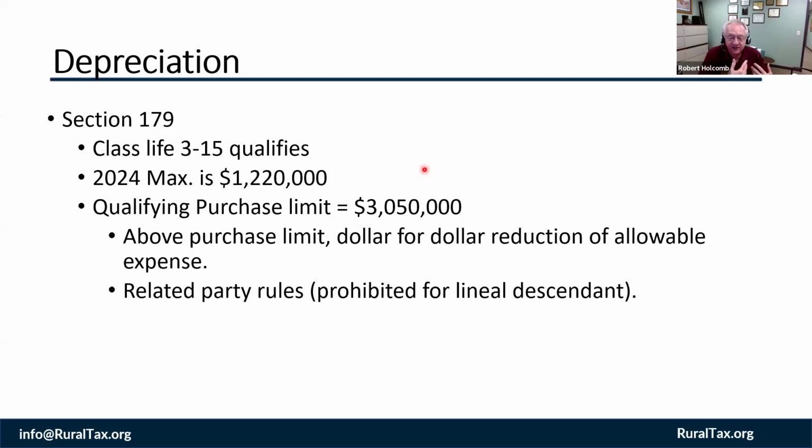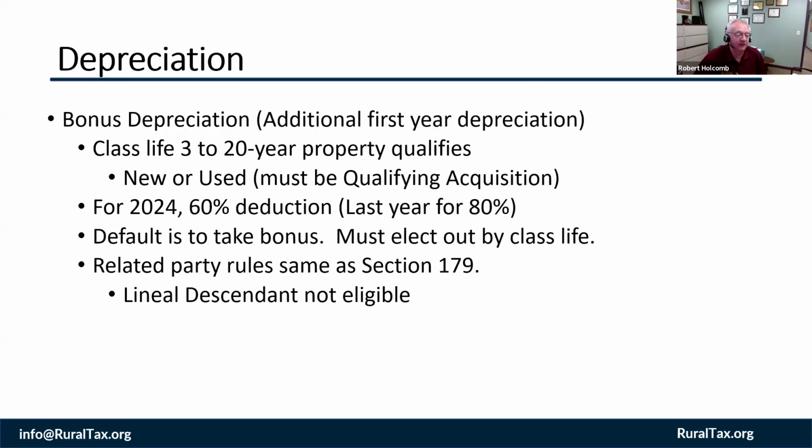It's easy for practitioners to do that because you can take 179 on specific assets that you bought over the course of the year. All right. Whereas other methods are not quite as flexible. Right. I do like the 179 from that standpoint.